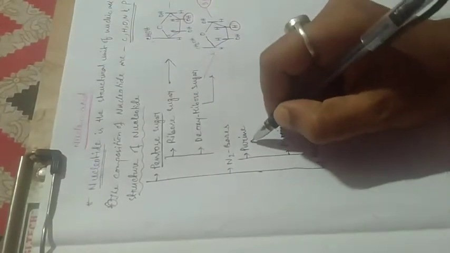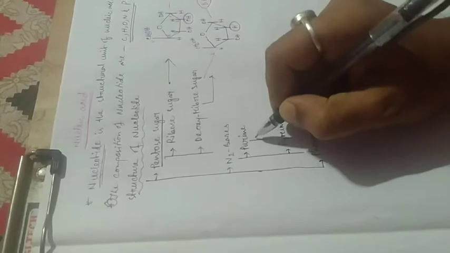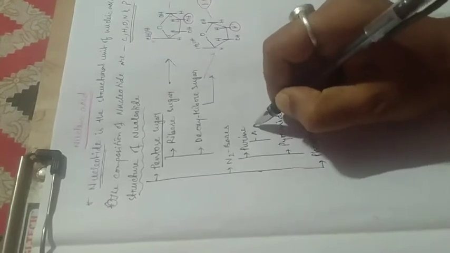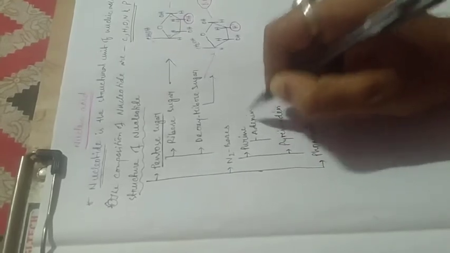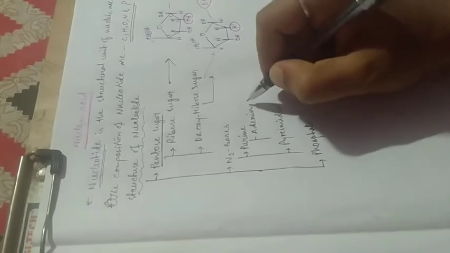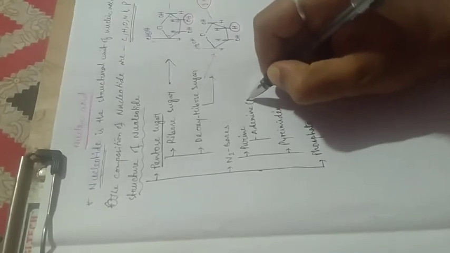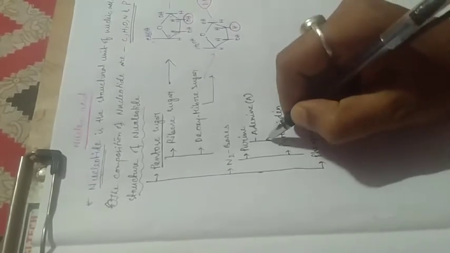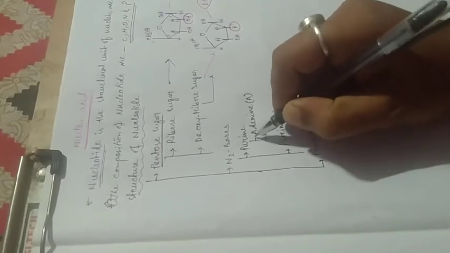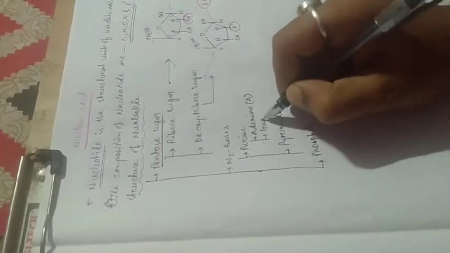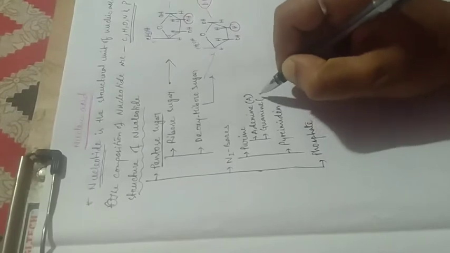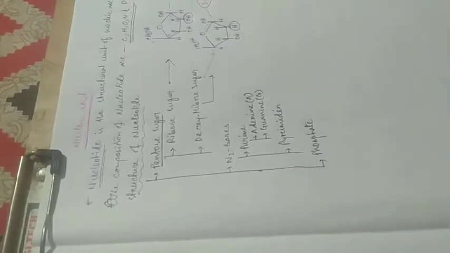In case of purine, there are two nitrogen bases, that is adenine and guanine. Okay, A and G. These are the purines.